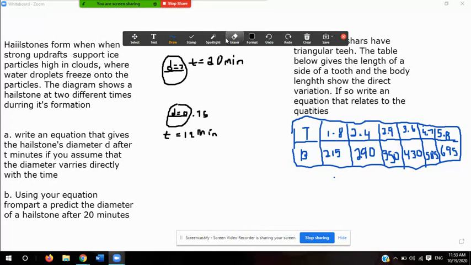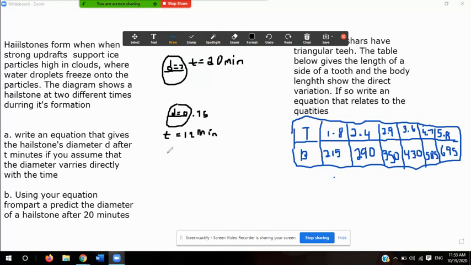Okay, so they want part A: write an equation that gives the hailstone's diameter d after t minutes if you assume that the diameter varies directly with the time. So, varies directly with the time.